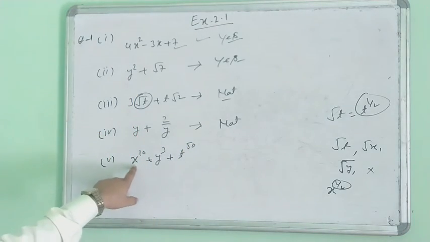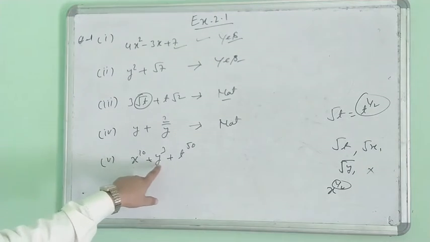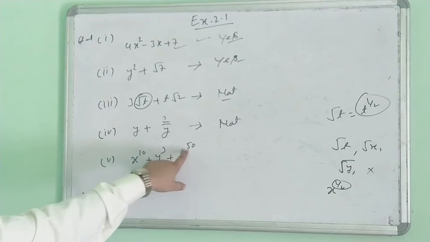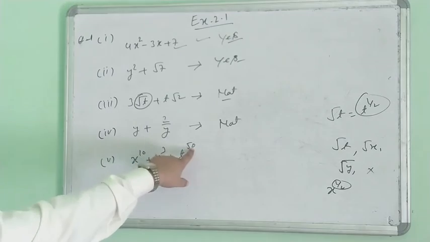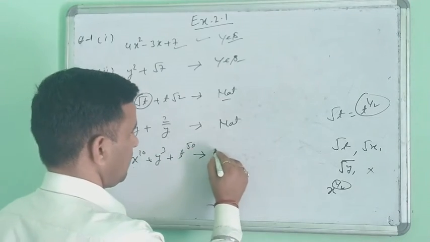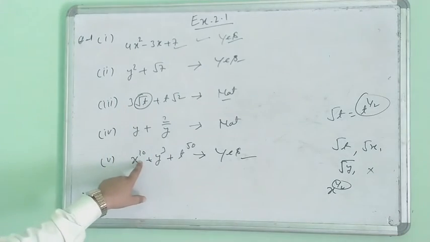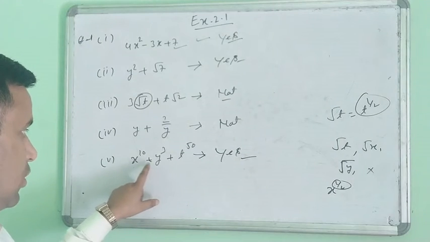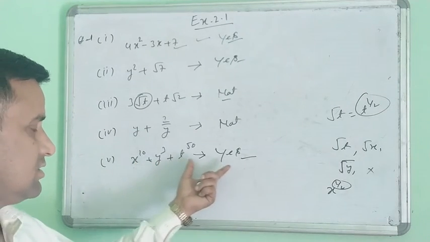Then you check this one, where one variable is x, the second is y, the third is t, and every variable has a positive integer power, 10 plus 10 plus 3 plus 50. So this is also a polynomial, because it has no negative power, no variable in the denominator, and no variable in a fractional power.